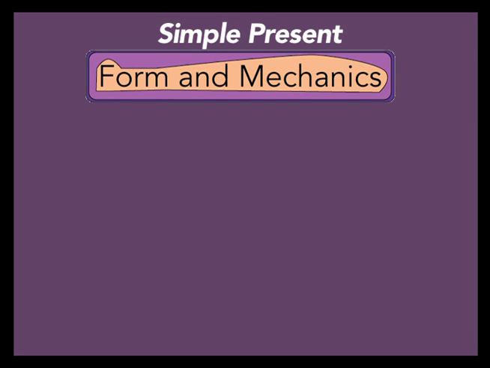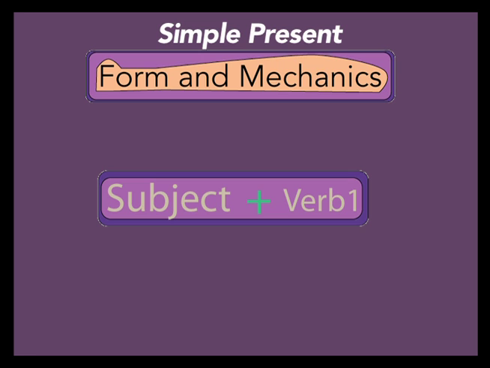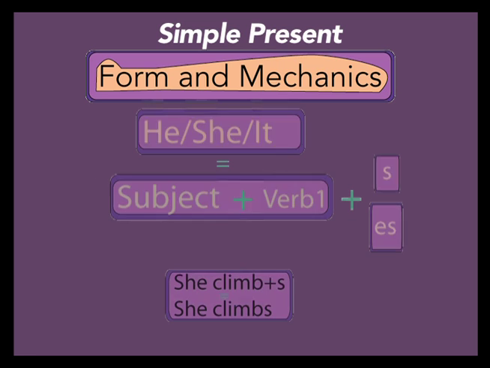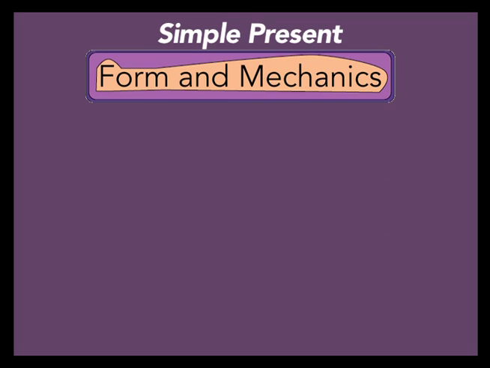The next thing is the form. So for simple present, that's subject plus verb 1. Except she, he, and it goes subject plus verb, and then you add s or es depending which verb it is. Next thing I do here is explain about facts, generalizations, and routines, and try to explain the difference.